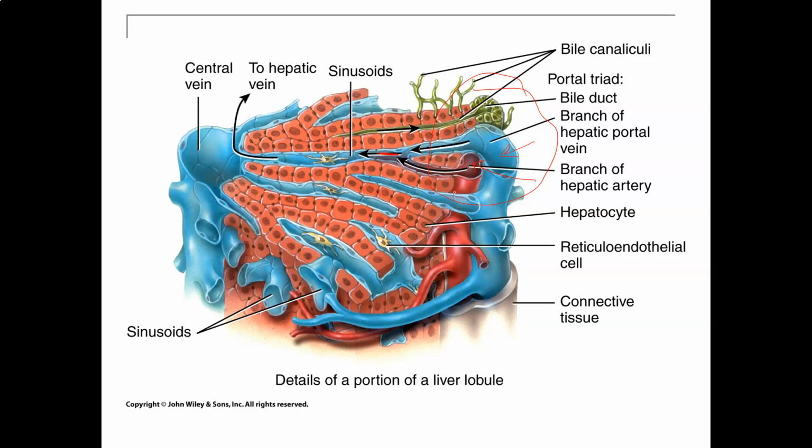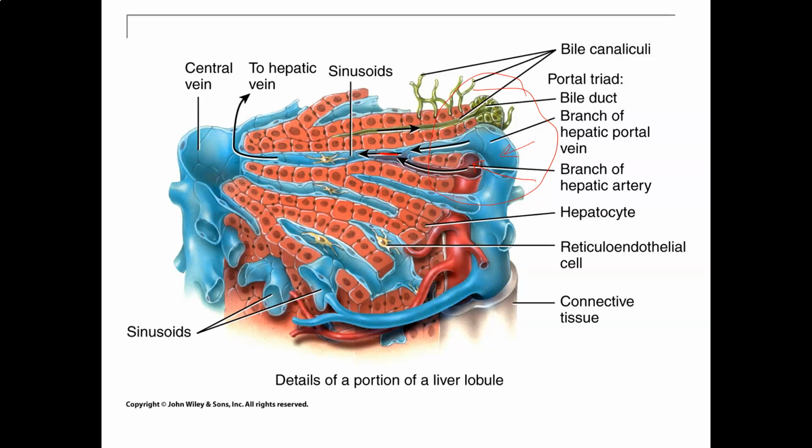We also absorb some pesticides or pollutants that could be in the food or water, contaminants, heavy metals. So these also get absorbed, and the liver helps in detoxification of the blood coming from your digestive tract.